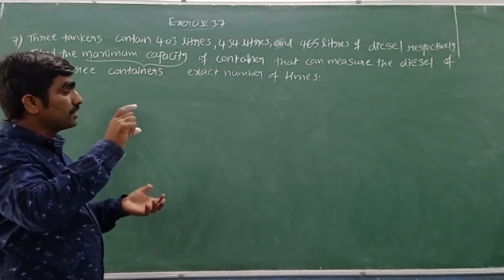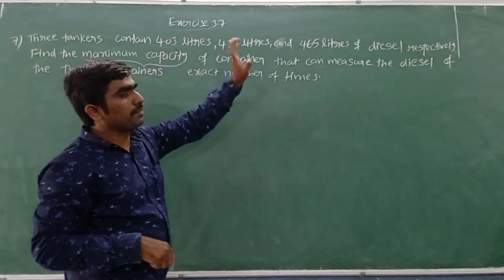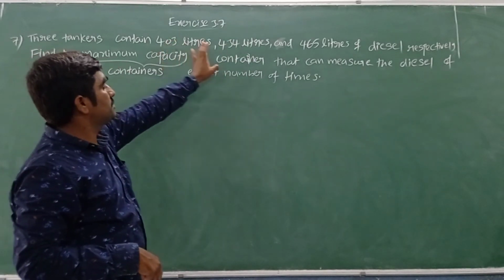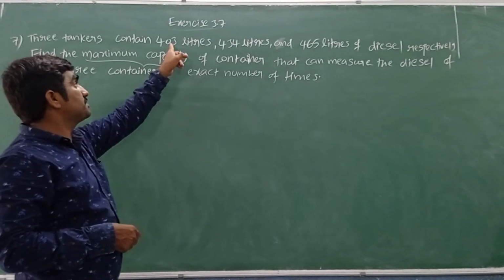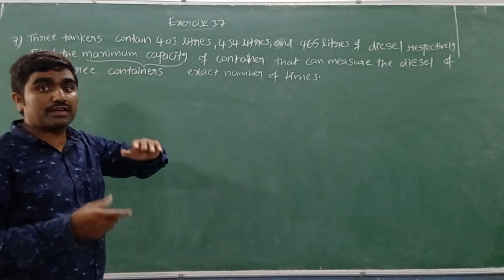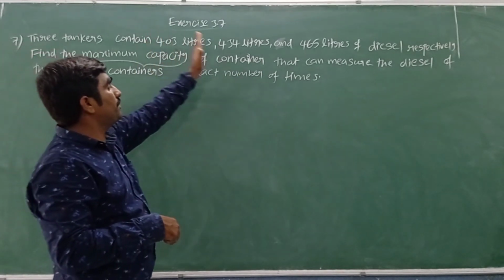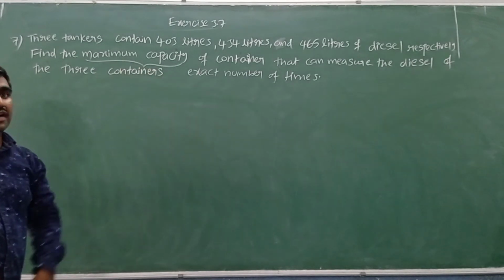Whatever number we get, that number should divide exactly into these 3 numbers. LCM will not divide; HCF is the value which divides 403, 424, 465 exactly, because HCF is the common factor of all these 3 numbers. So how can I find the maximum capacity of the container?